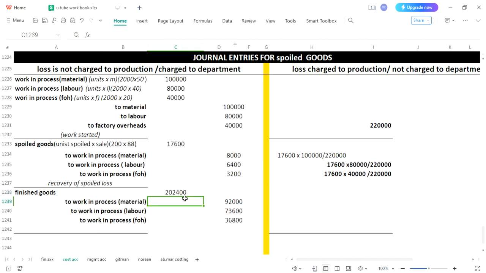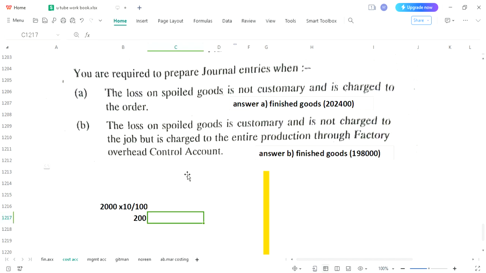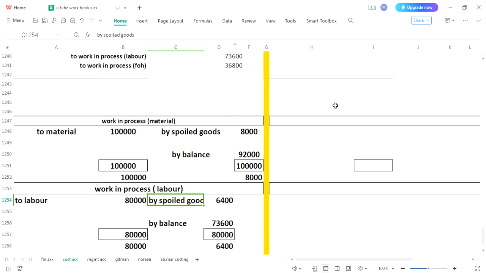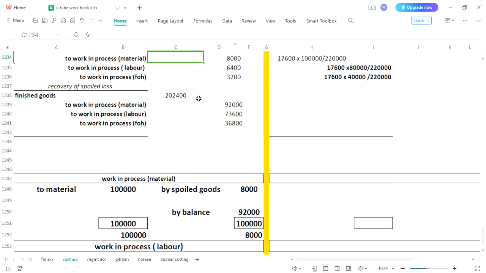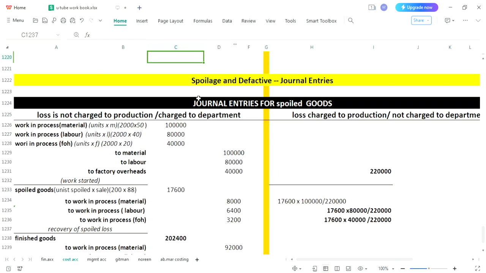So you have got your amount. This is your first answer. Amount of finished goods is 2,02,400, your first answer of A. And what is our answer? As you can see, the amount of finished goods is 2,02,400. In this way we have calculated our answer. Left side is completed.